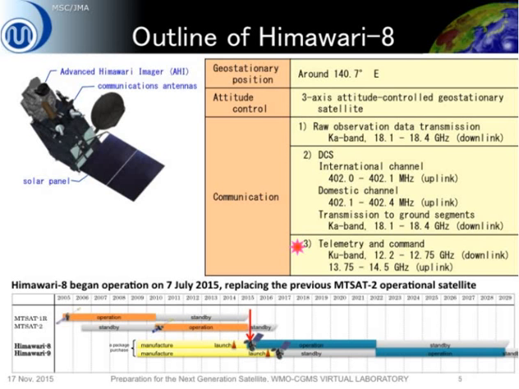As for past and future schedule of Himawari 8 and 9 operation, Himawari 8 was launched on October in last year and began operation 7th July, as I mentioned, replacing previous MTSat-2 satellite.